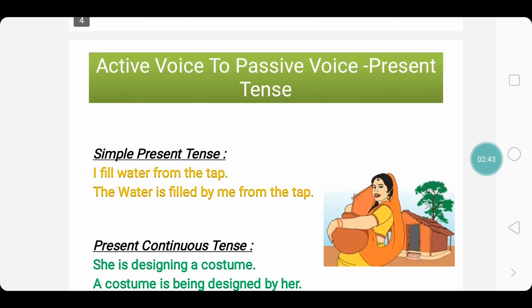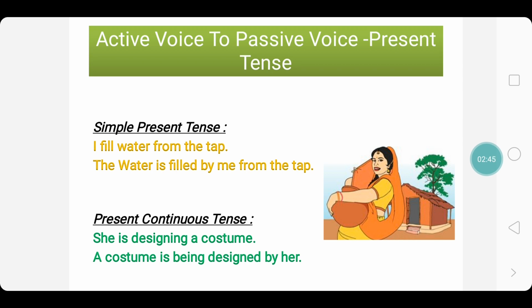Now let's see how the transformation occurs from active to passive voice in the present tense. Firstly, the simple present tense. I fill water from the tap. This gets converted this way. The water is filled by me from the tap.